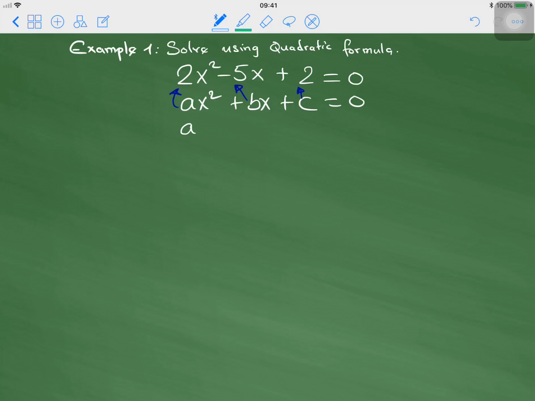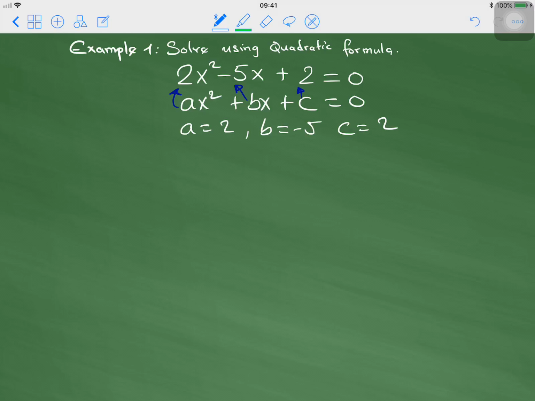So a is 2, b is minus 5, c is 2. That is the first thing to do, to write the values of a, b, and c.